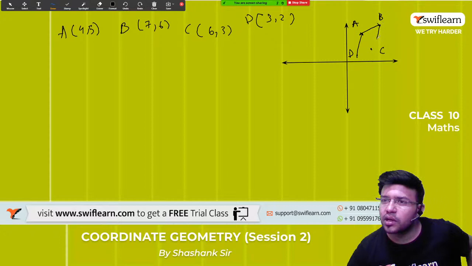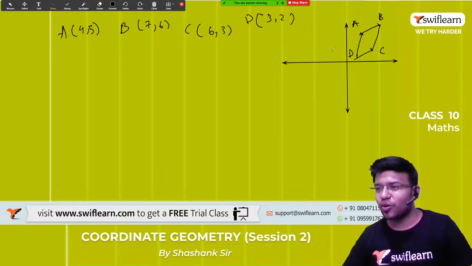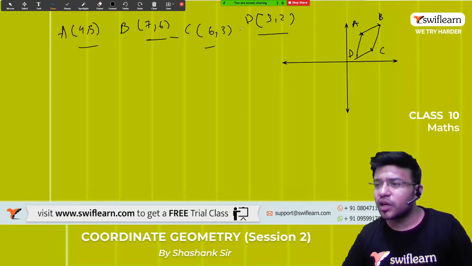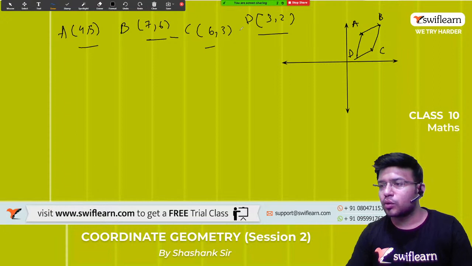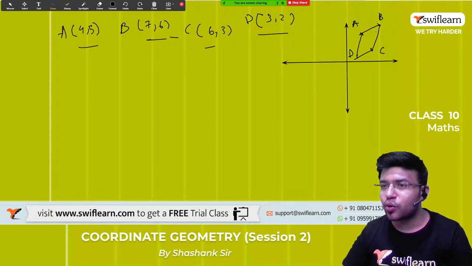Now check whether this is a quadrilateral. Always it is advantageous to draw the rough diagram, because sometimes the coordinates will be jumbled and things will go wrong. If you don't take the points in order, your problem may go wrong and you will get the wrong answer. So it is important to draw the rough diagram.